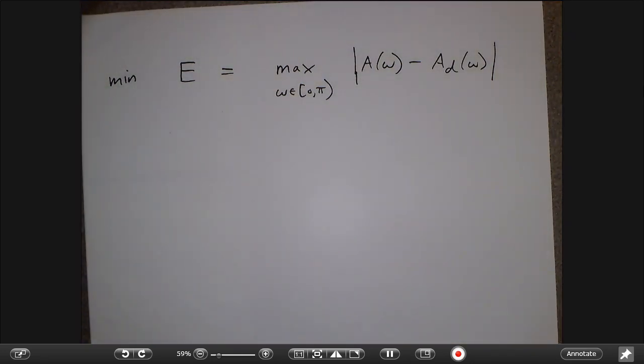That's like saying I want to force that deviation to be as small as possible, right? And in this sense, there are no samples anymore. All I'm saying is you've got to be as close as possible to this amplitude response.